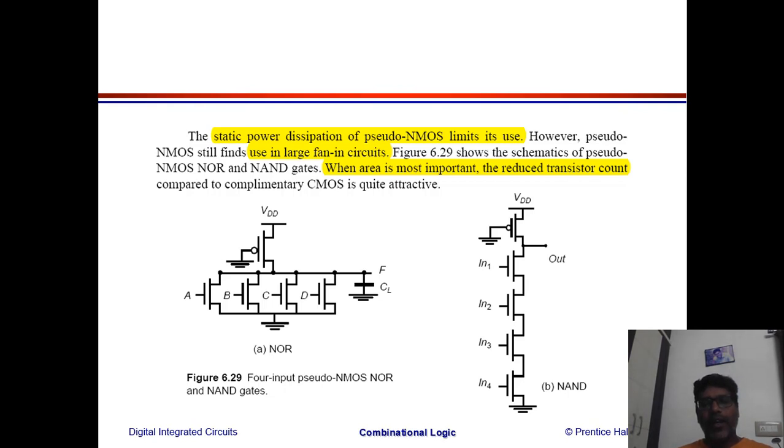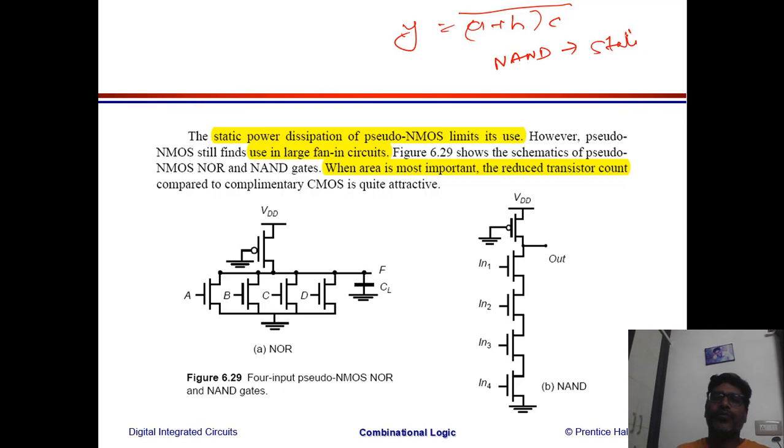In our earlier static CMOS discussion, if I want to implement, say, a Boolean function y equal to a plus b into c, some Boolean function, and you have been given a chance to implement that using NAND gate and NOR gate, the choice would naturally be NAND if you are going with static CMOS.